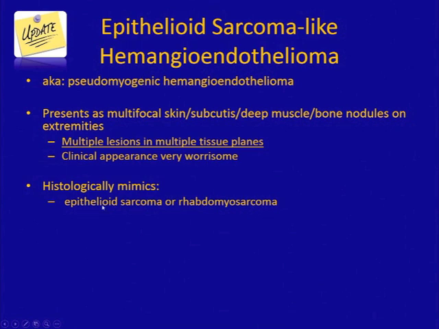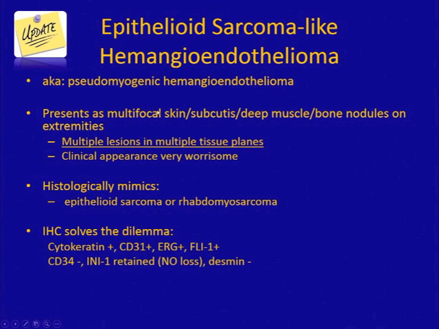In Dr. Weiss's initial study with Steve Billings and Andrew Folpe in 2003, when they first described this, all of the cases in their series had been sent in to Dr. Weiss for consultation, and they were all called epithelioid sarcoma. So I really like this name because it hits home the importance of not confusing this tumor with epithelioid sarcoma. Epithelioid sarcoma looks similar and has similar staining, but is much worse in its behavior.